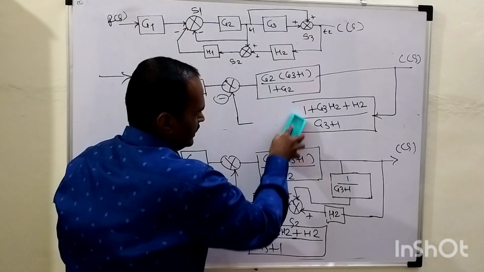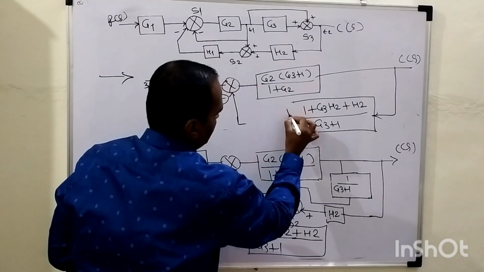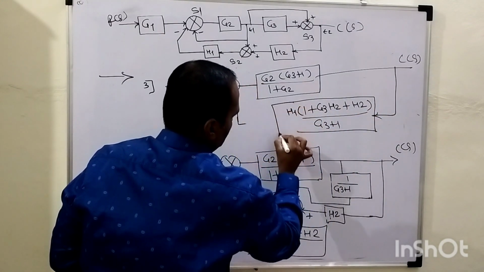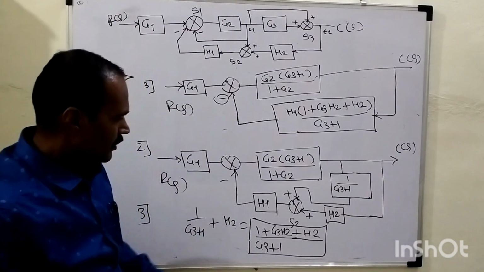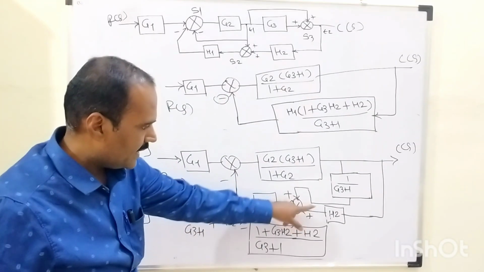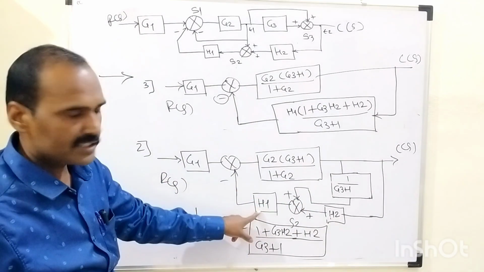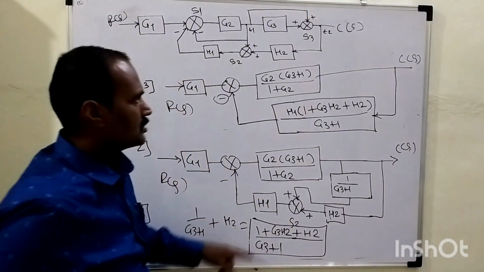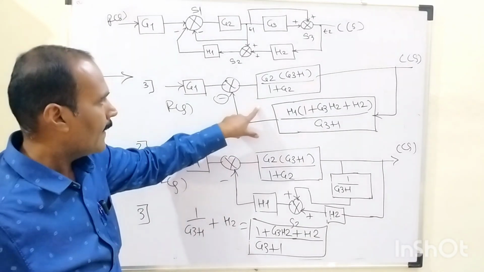So as a result of multiplication, the entire gain will become what? H1. I will put this term within this parenthesis, so it will become like this, right? Because once these two blocks are added, their block addition is this particular block which is connected in series with this H1. So that's why these two blocks are being multiplied with each other. So currently our system will look like this, right?